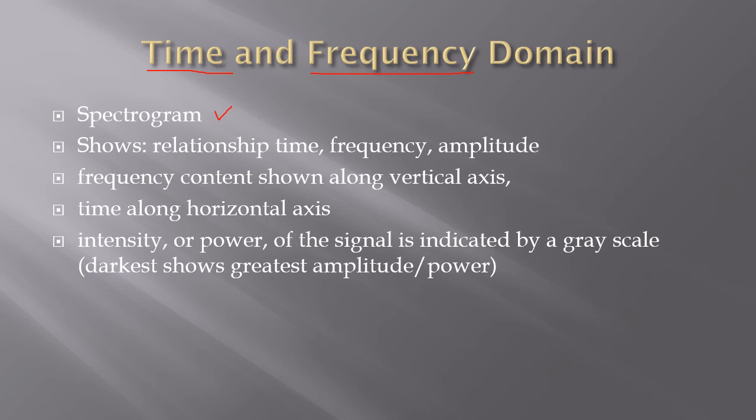So the spectrogram shows the relation between time, frequency, and amplitude. Normally, the frequency is shown along the vertical axis, the time along the horizontal axis, and the amplitude or the energy is the cell value.